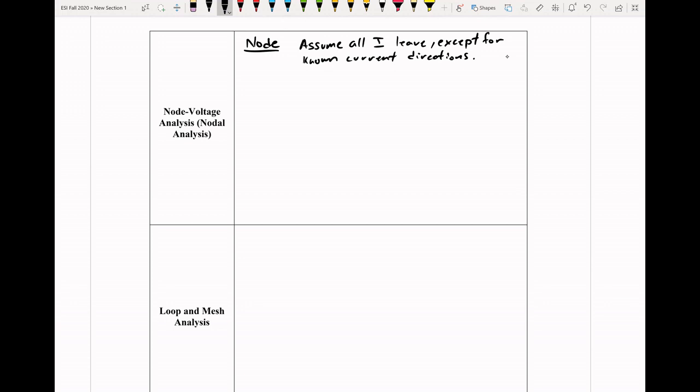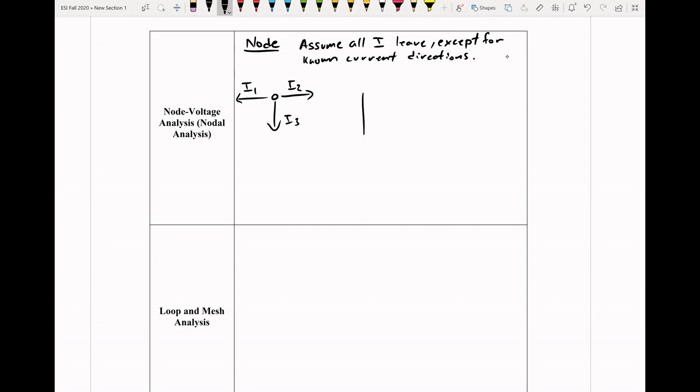So what this does for us is, if we have a node, we're going to assume that all of our currents at a point, I1, this will be I2, and this will be I3, they're all going to be exiting.